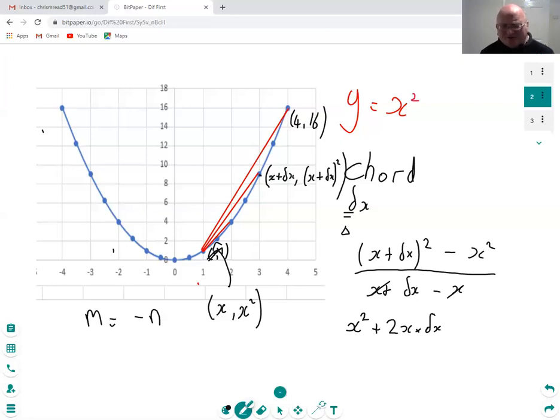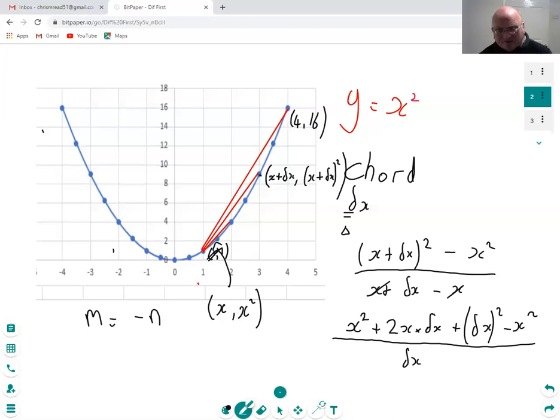We're so used to it meaning a decimal point, it's a bit confusing sometimes. And then plus delta x squared. That's just an expansion of that. And then take away x squared and divide the whole thing by delta x.